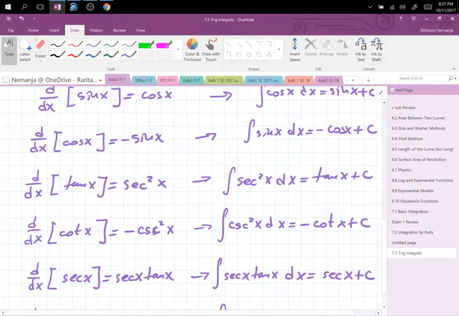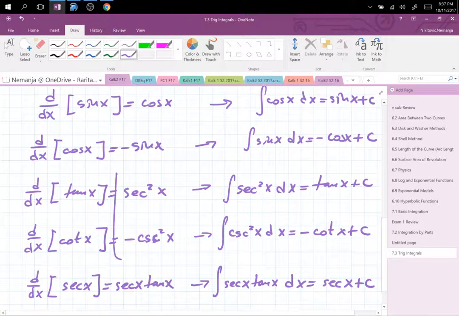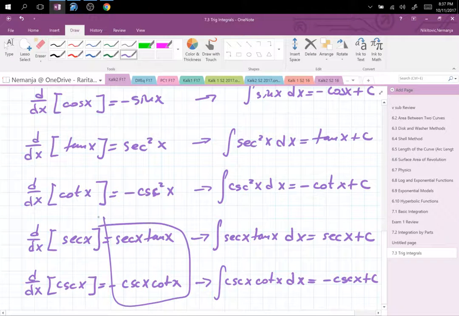And then finally, do the pairing. Sine and cosine, and then look, secant squared, cosecant squared, secant tangent, cosecant cotangent. So those are the pairs, the way it goes.